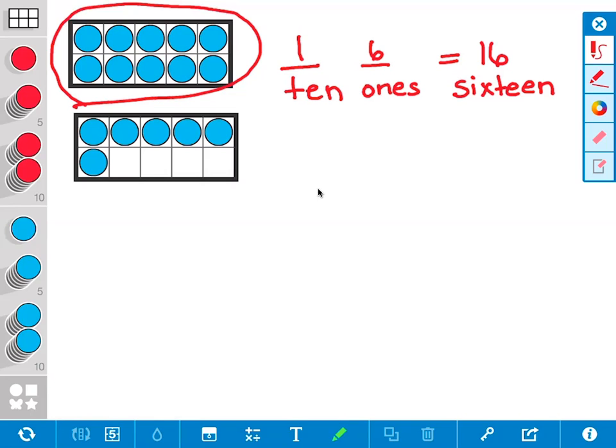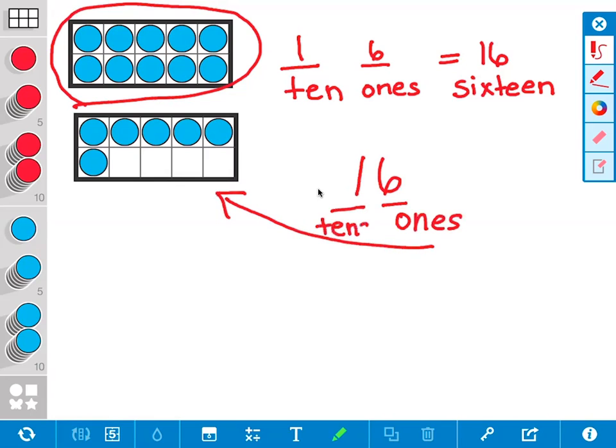Okay, so when I look at the number 16, I know the number in this place means ones. When I see the number in this place, I know the number means tens. I know it means one group of 10.